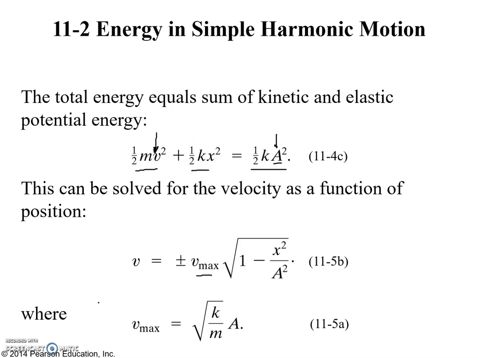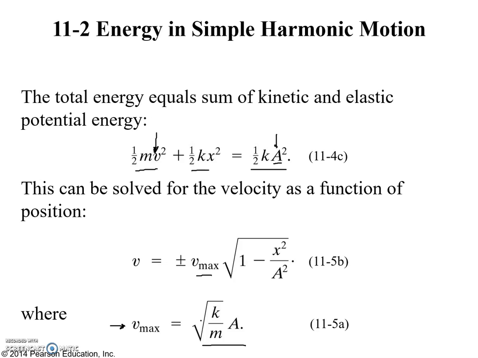Well, that's great, but what is the maximum velocity? Again, based on this equation up here, we can derive this formula down here for maximum velocity. The maximum velocity, which comes from the total amount of energy in the system, if we calculate that for velocity when the box is 100% kinetic, is equal to the square root of k over m times the amplitude.